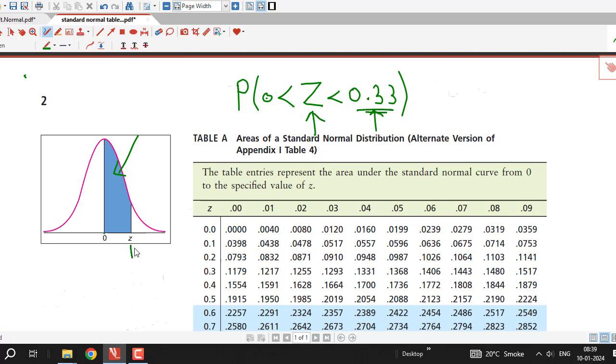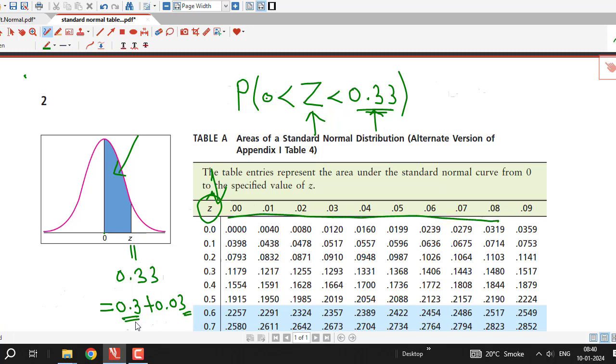That means I have to consider small z equal to 0.33, and I can write 0.33 as 0.3 plus 0.03. Under this column they have given values up to 1 decimal place, and for the second decimal I have to concentrate here.